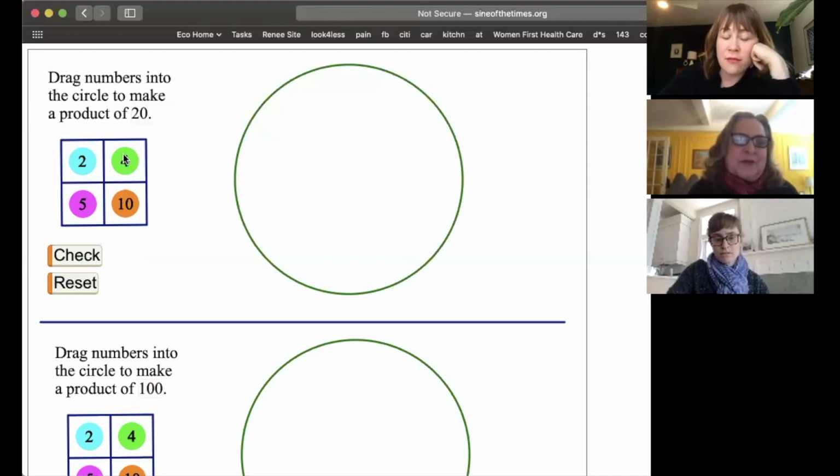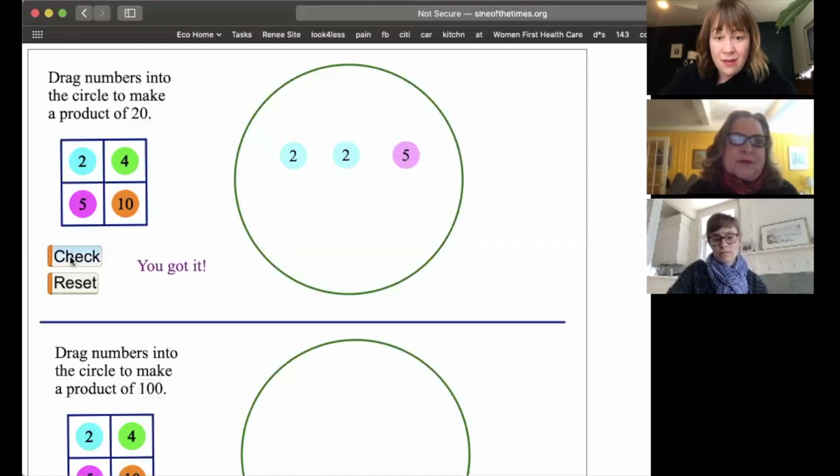I was thinking that I could actually think about 4 as 2 times 2. So let's try that. If I think about 4 as 2 times 2, and then I multiply that times 5, that should work. Let's try it. Yes, I got it.